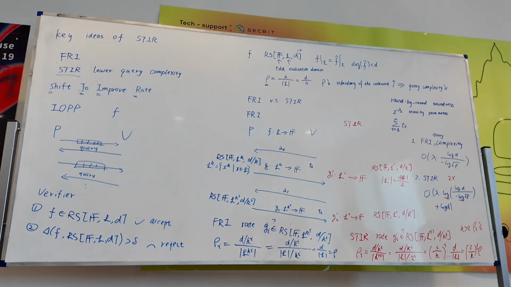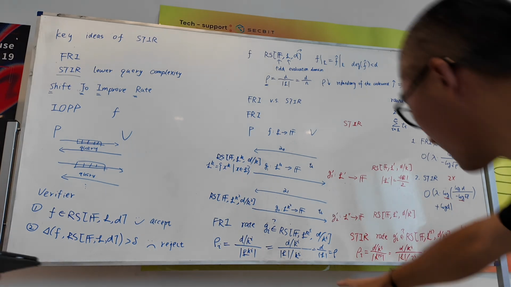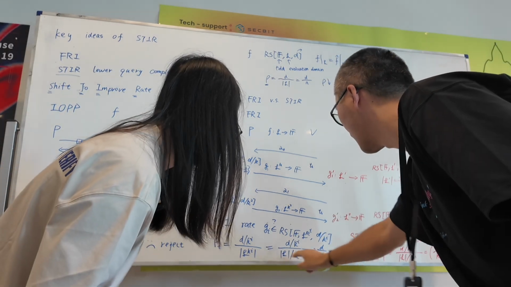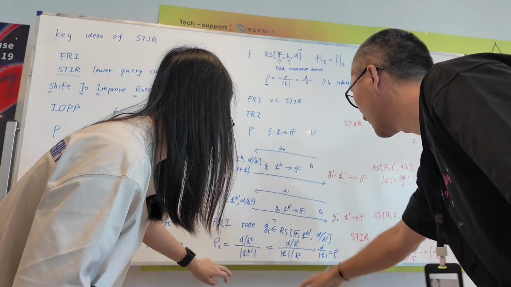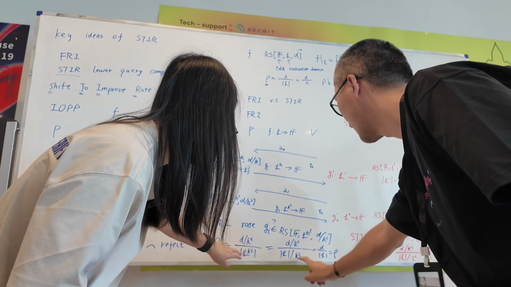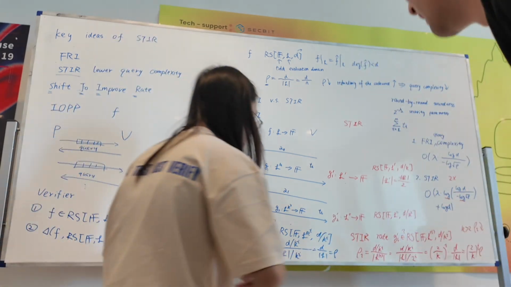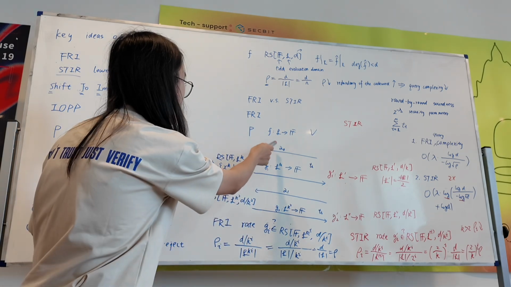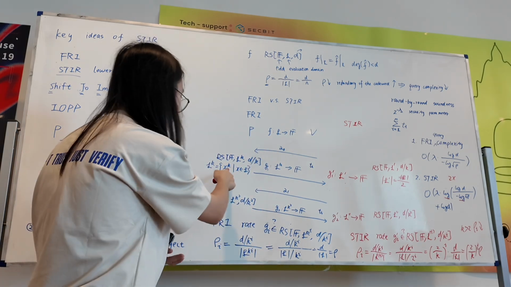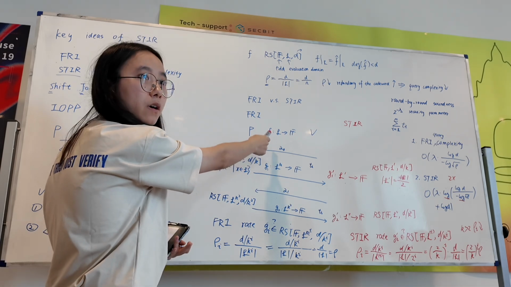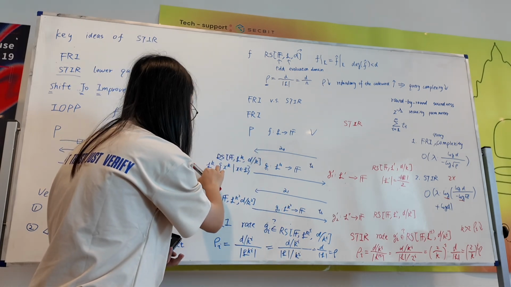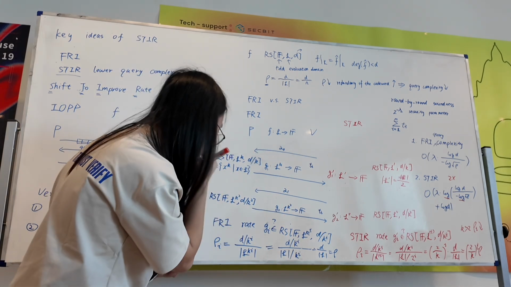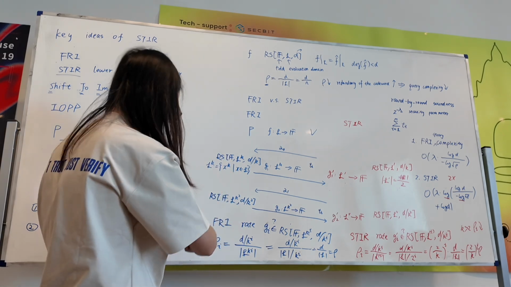Do you have any questions? Is this because of the field extension that you get this? How does this equal this one? Oh, because in FRI we fold with k.